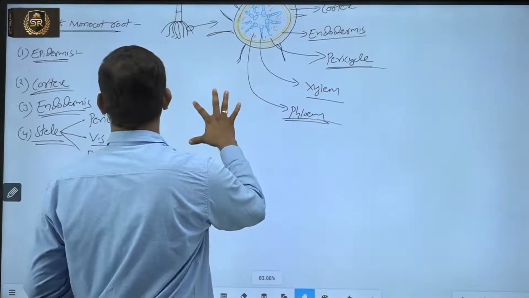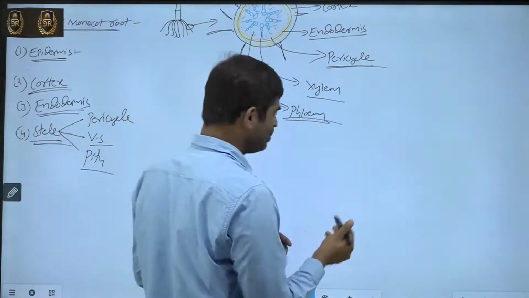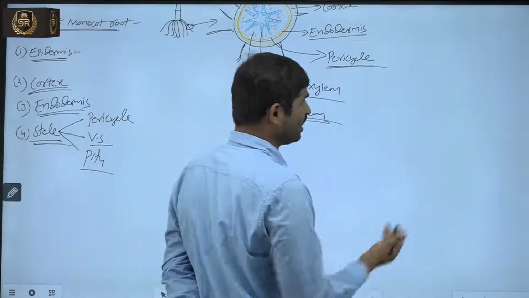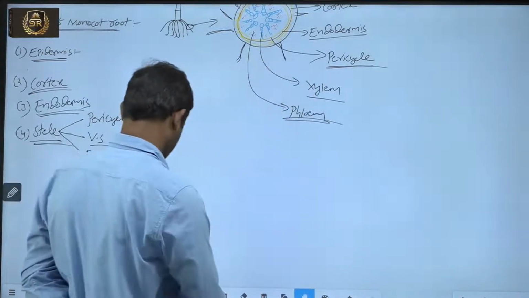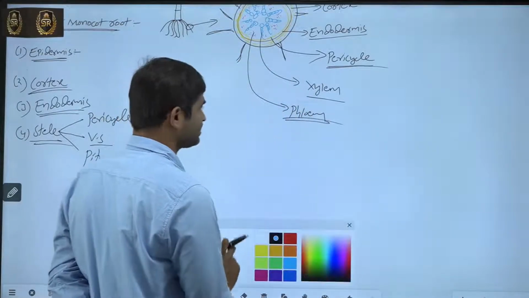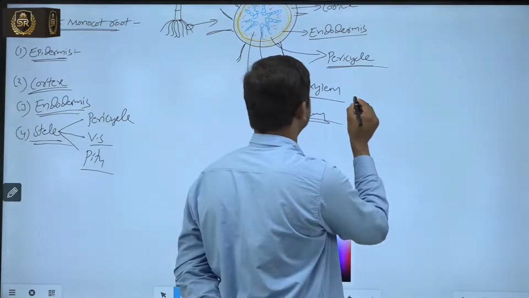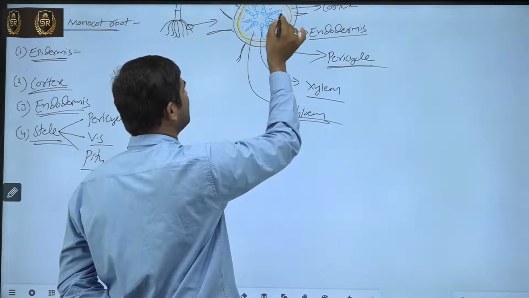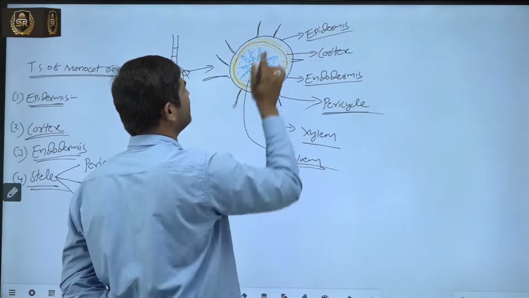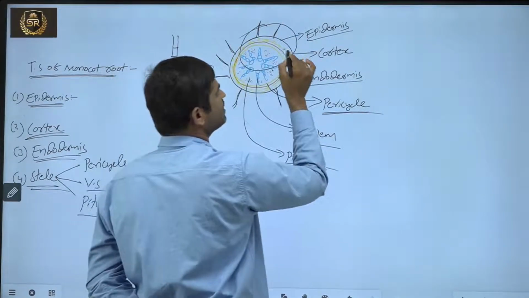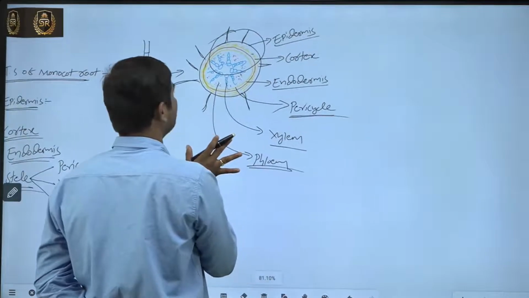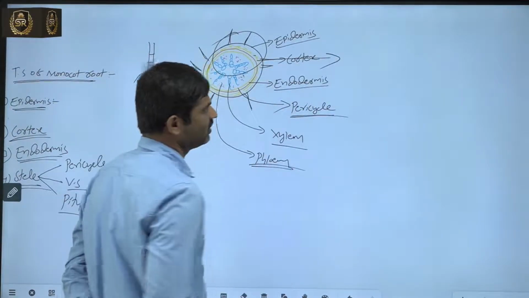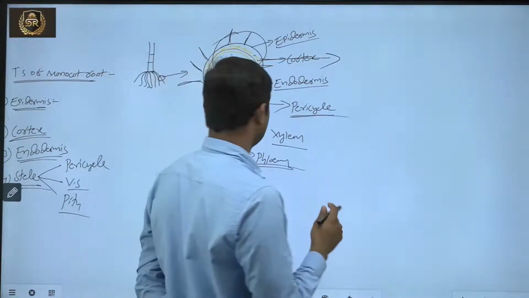The root epidermis is made up of a multicellular uniseriated structure. This is the epidermis in transverse section. Zooming in on this area, the extension of this one is the epidermis part.